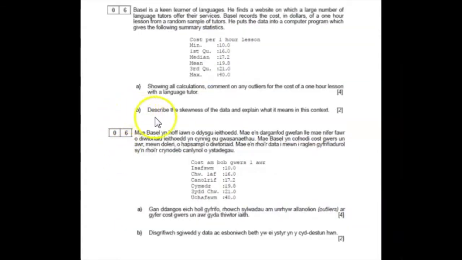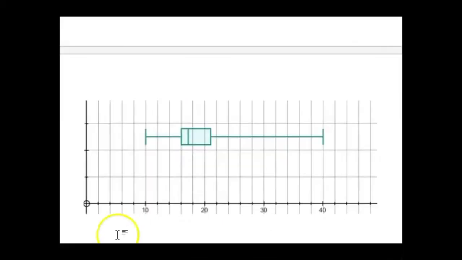Part B. Describe the skewedness of the data and explain what is meant in this context. Perhaps the best thing to do here would be to look at this on a box plot. The box plot gives the lowest point, lower quartile, median, upper quartile, and highest value.